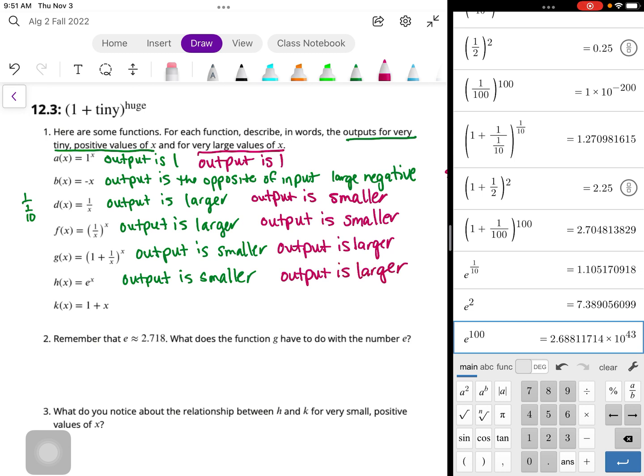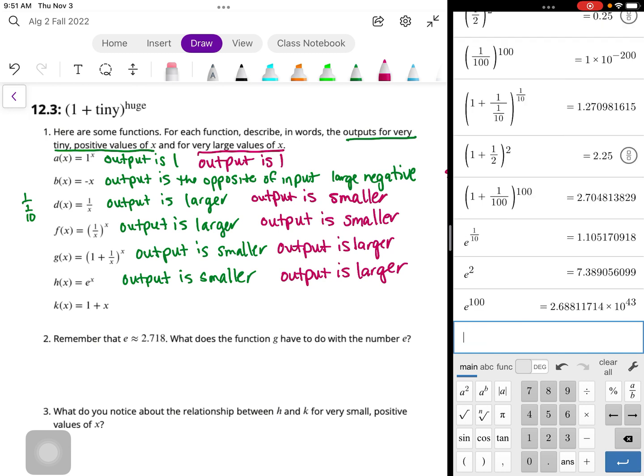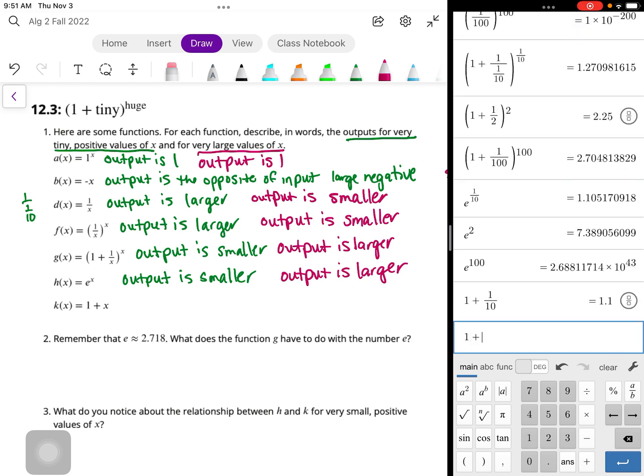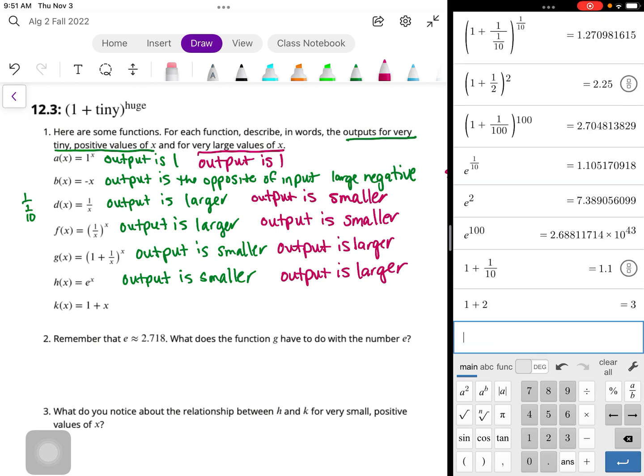All right, and then for k of x, we are looking at 1 plus x. So we've got 1 plus 1/10. We've got 1 plus 2. And we have 1 plus, not minus, plus 100.